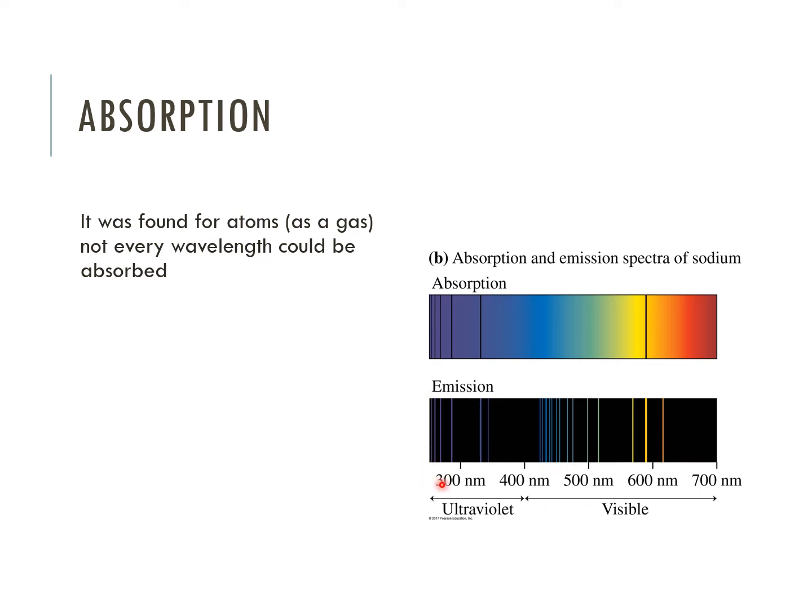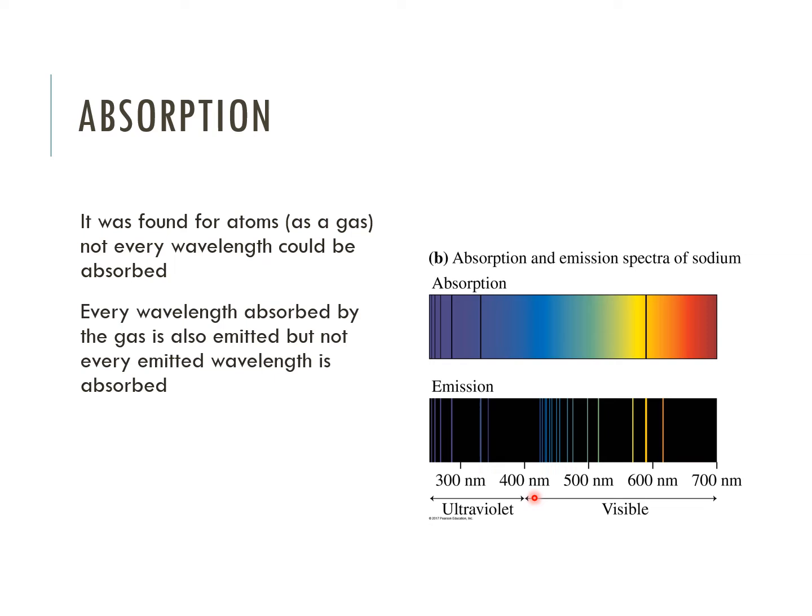Below we have the emission spectrum. The same gas was put through a different experiment to see what light it would emit. What light is that gas going to put out? Well, it turns out that every wavelength absorbed is also emitted.